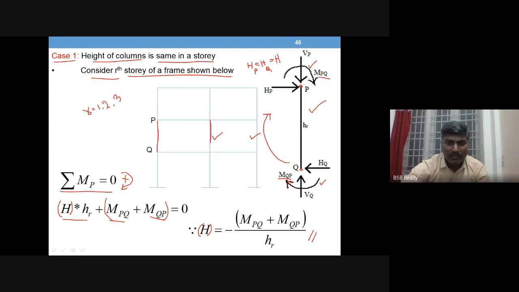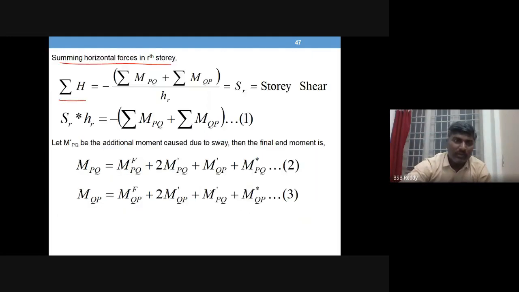Similarly, we have horizontal force or shear force in other columns. Likewise, any more columns if you have in that particular story, we will be adding them. So we will be having sigma MPQ and sigma MQP divided by, as height of column is same, HR remains same. So this is called story shear.